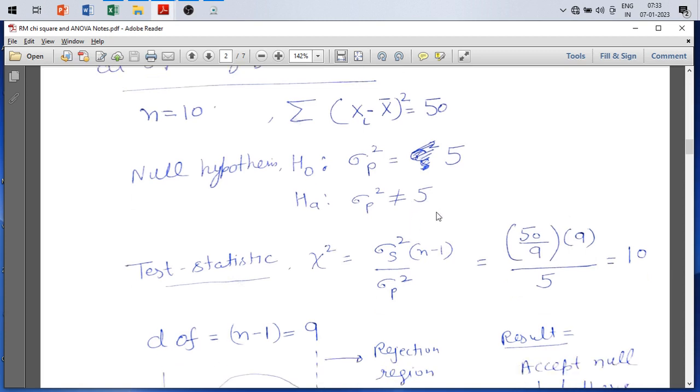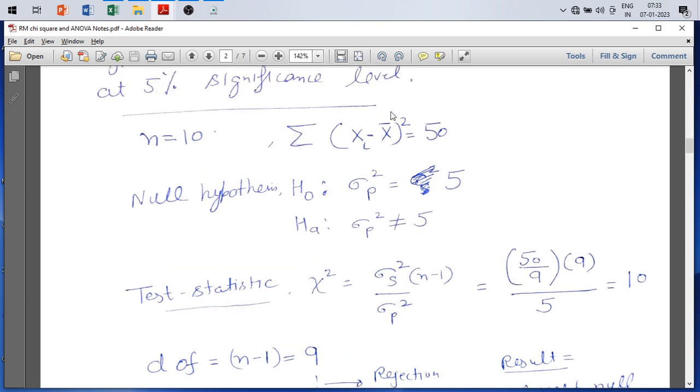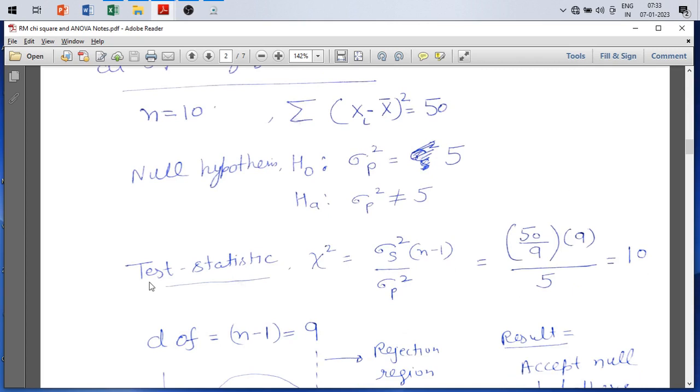Depending on the test, and since we have a sample, we have some data from the sample. We always work out a test statistic. We have discussed previously that a statistic is something we obtain from the sample, and a parameter is something we obtain from the population.